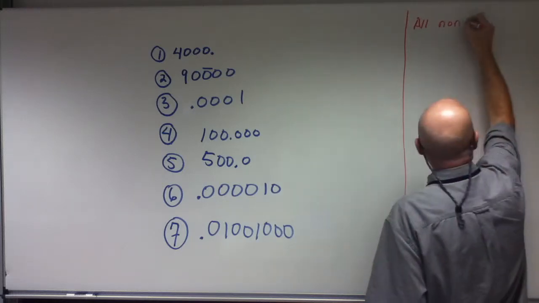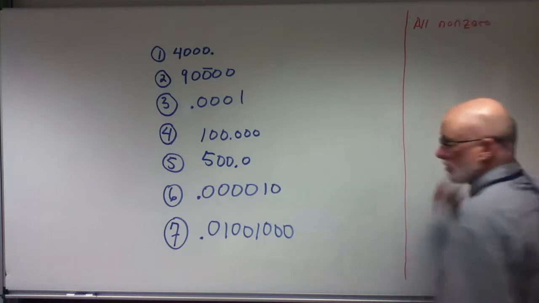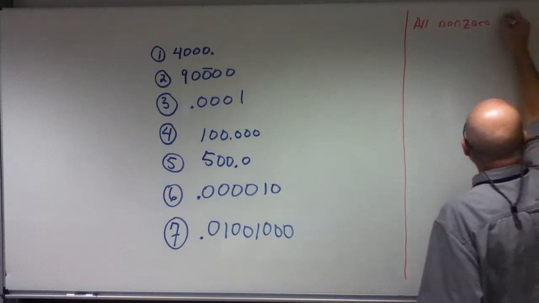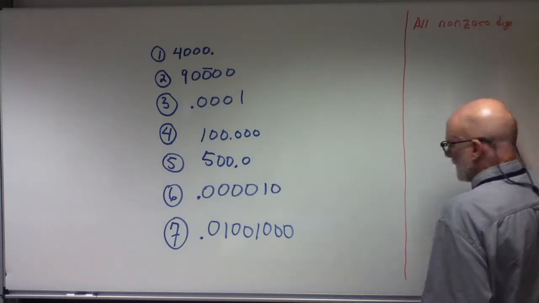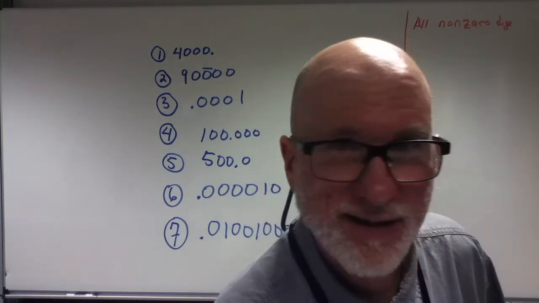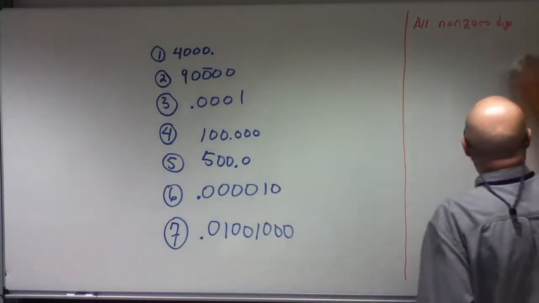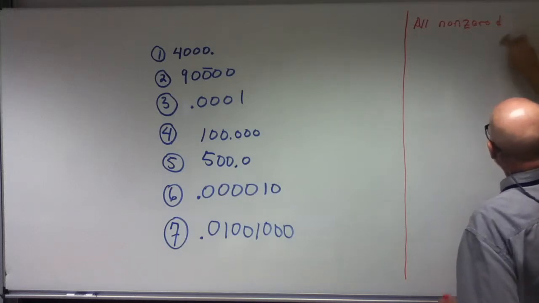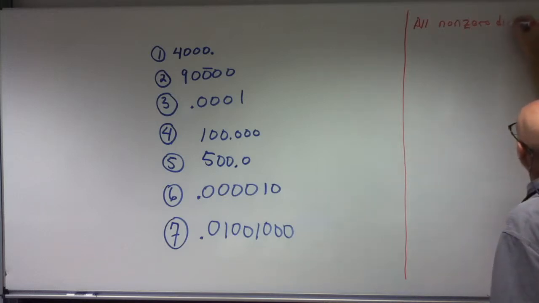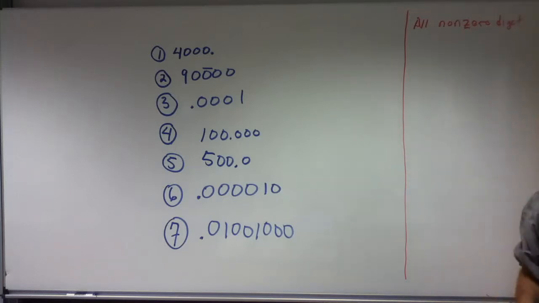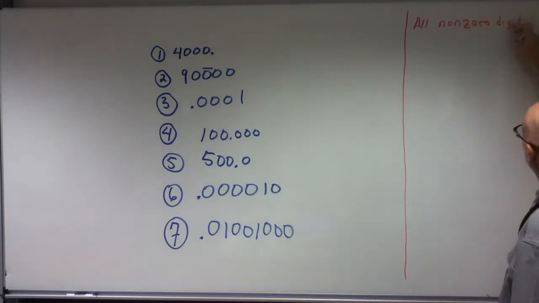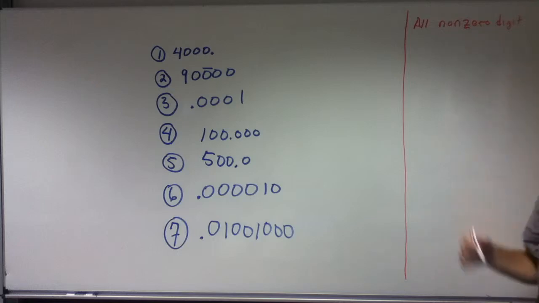All non-zero digits. I'm going to try to write neater on the board. How do you spell digits? D-I-G-I-T.